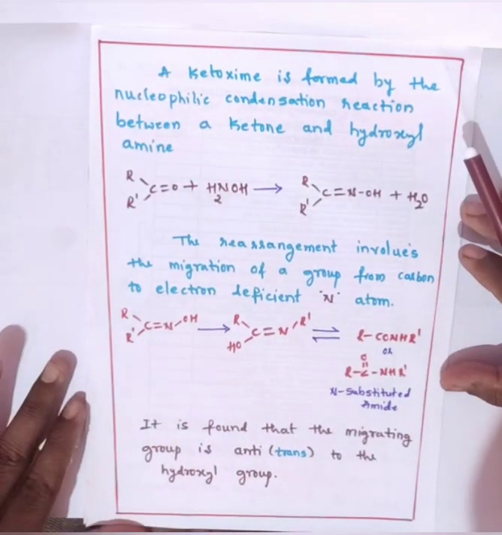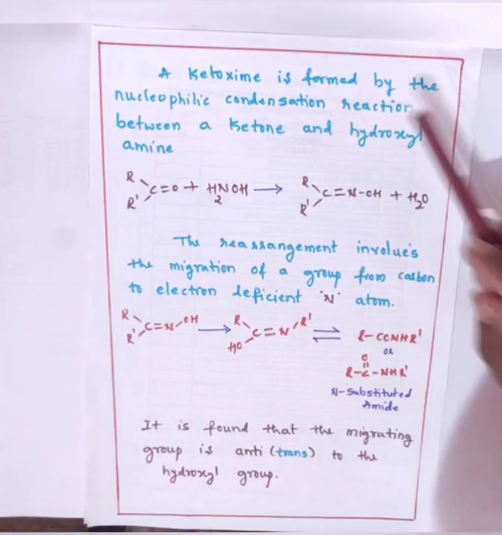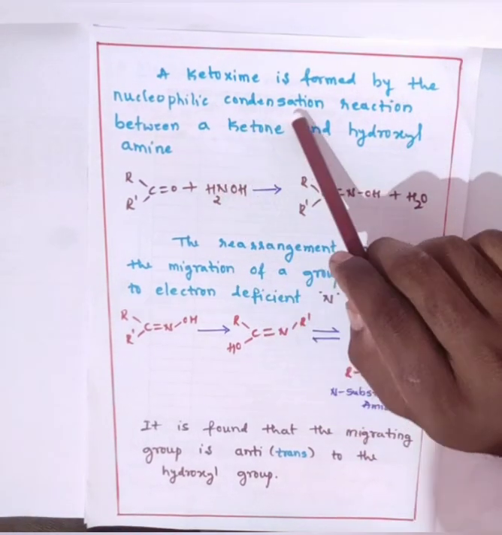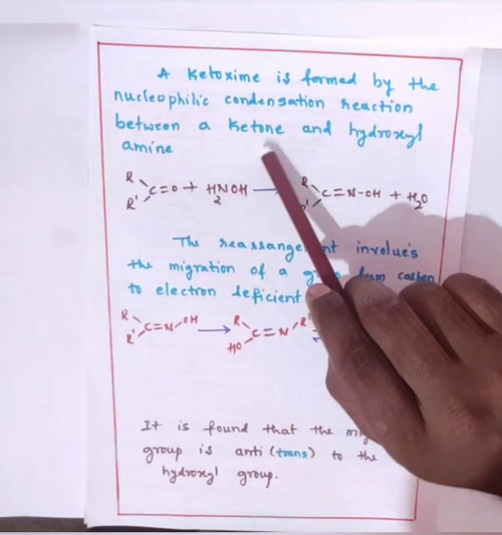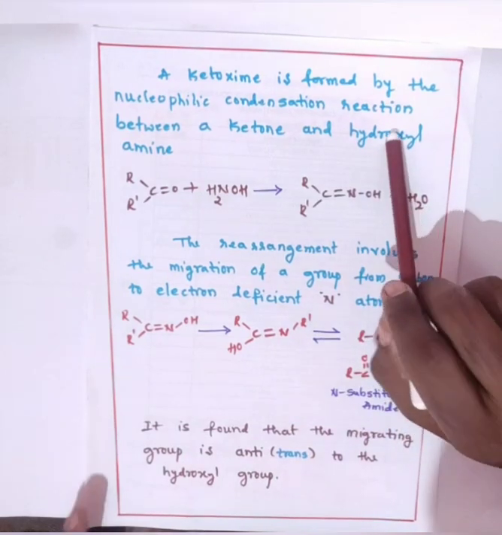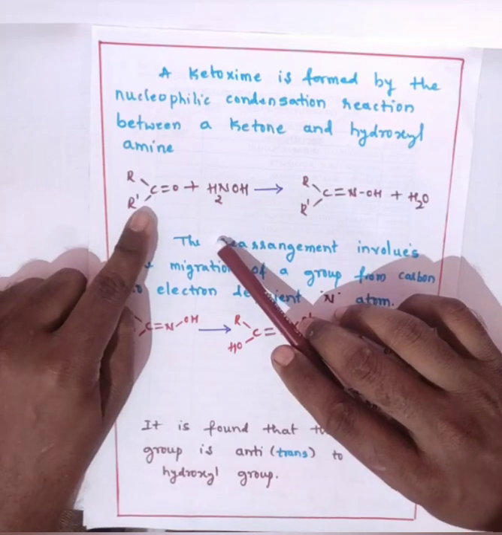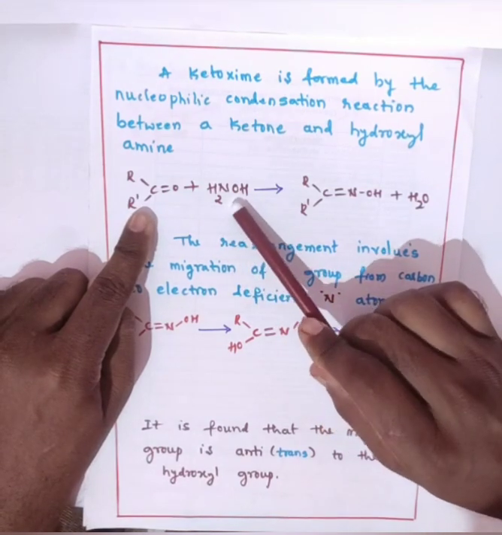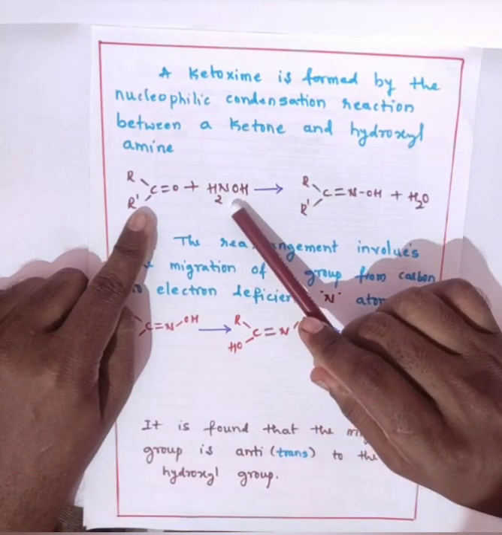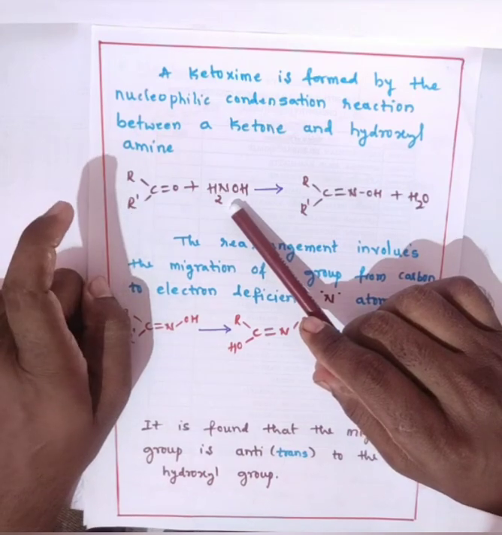Here the ketoximes are formed by the nucleophilic condensation reaction between ketone and hydroxylamine. Hydroxylamine is NH2OH.